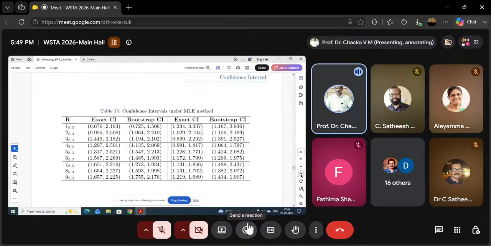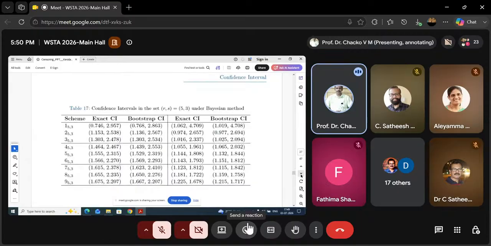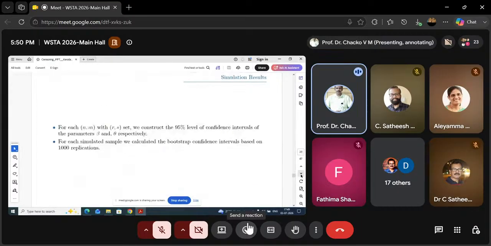Confidence intervals are computed: exact confidence and bootstrap confidence intervals using the MLE method. And using the Bayesian method, we have conducted the simulation, and MSE is going to 0. Here also we have computed bootstrap confidence intervals, and 95% confidence intervals are also constructed.